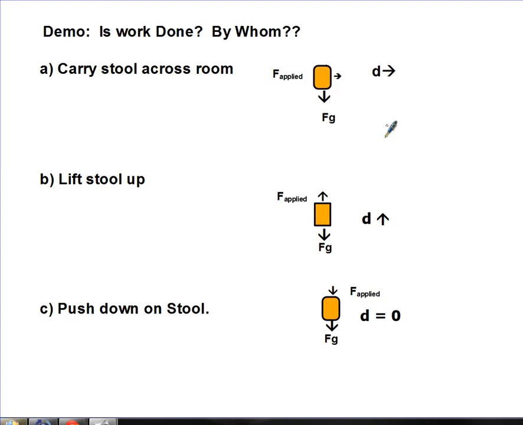Now, is work done in all of these cases? If I were to carry a stool across the room, well, if my displacement is to the right and gravity is straight down, then there is no force of gravity acting in the direction of my displacement. So, Fg does no work.